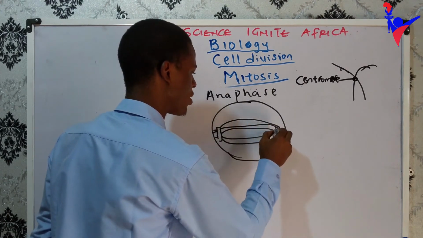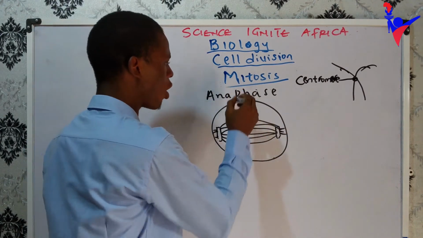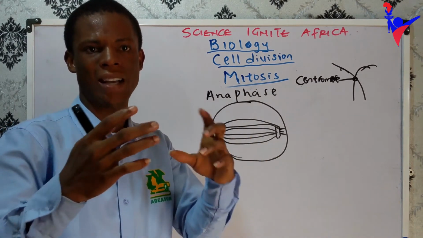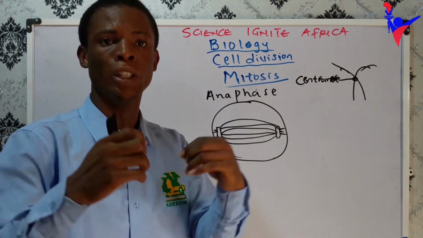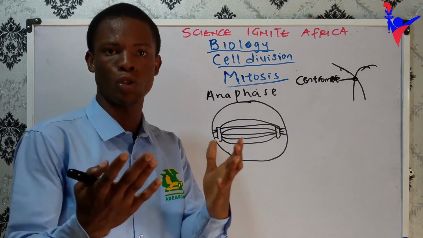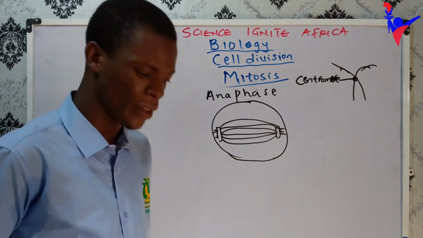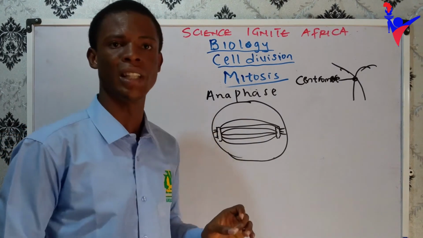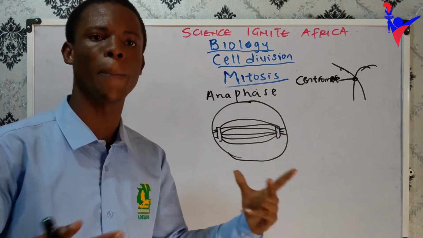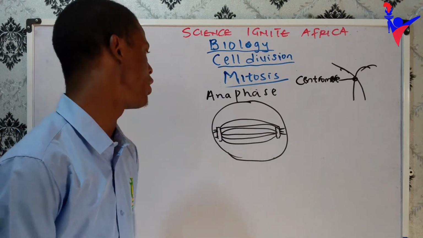At the anaphase stage of the cell division, what happens is that the chromosome that has two sister chromatids joined together, they separate. The sister chromatids of a chromosome separate at the anaphase stage of mitotic division. Take note of the word: the sister chromatids separate at the anaphase stage of any mitotic division.